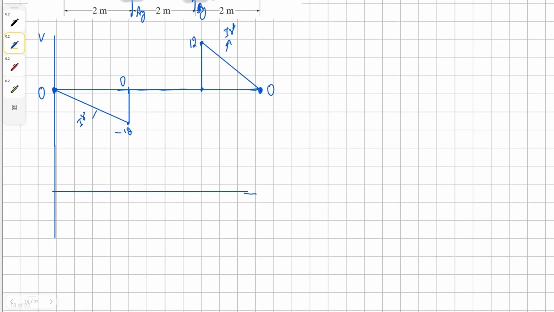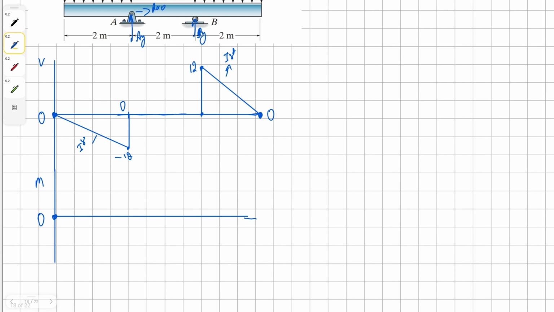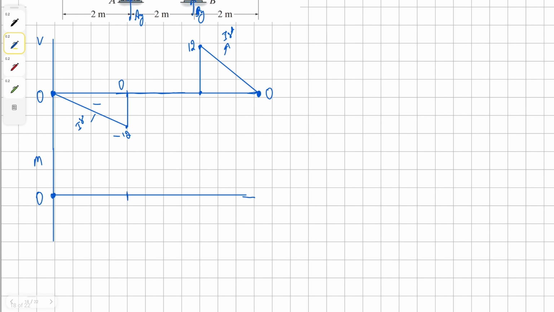Now let's come down to our moment diagram. For the moment diagram, we're going to start at 0 moment. And then as we proceed towards point A, we have negative shear and we need this shear's area in order to determine our second order curve for the moment.